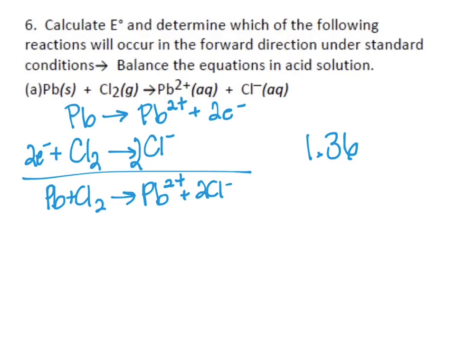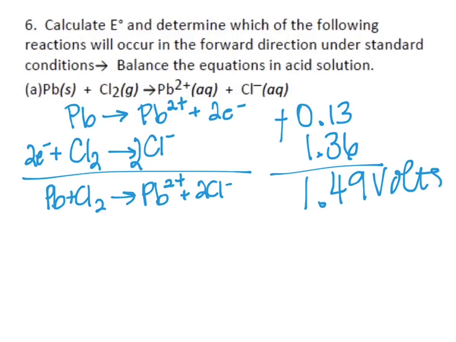So find lead. Is there always going to be one that's flipped? Yes. It's a negative 0.13, but we flipped it, so it's positive, for a total of 1.49 volts. So yes, it occurs.